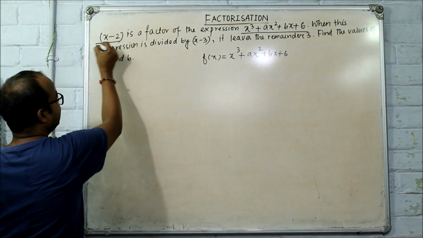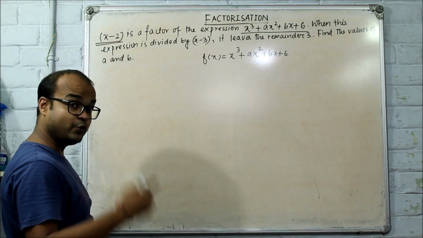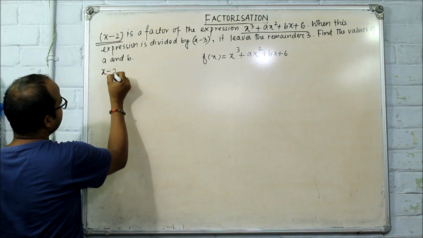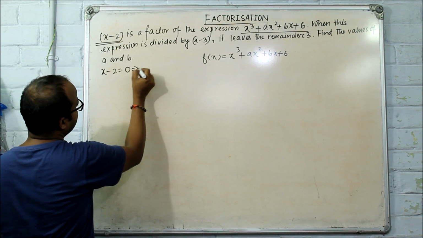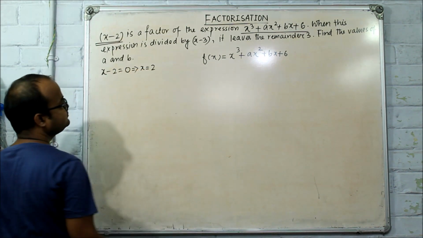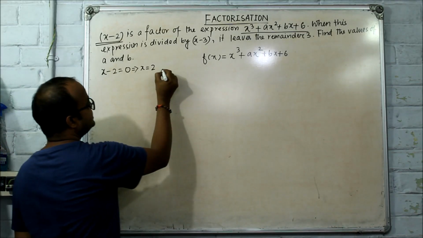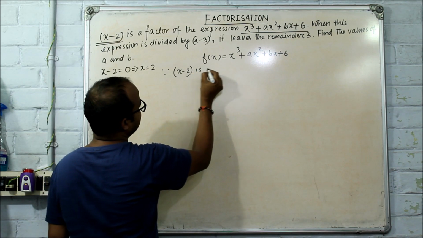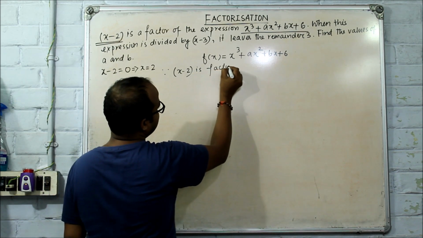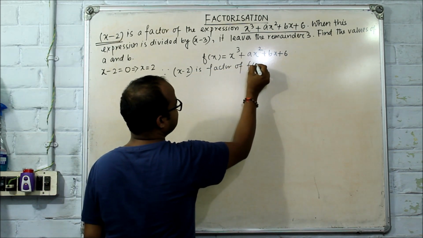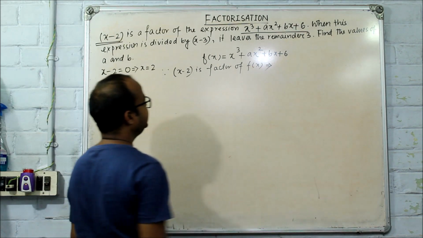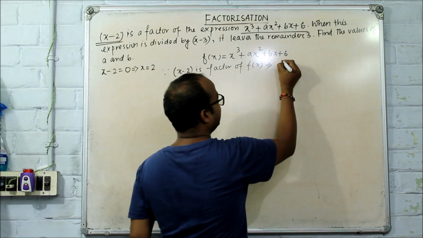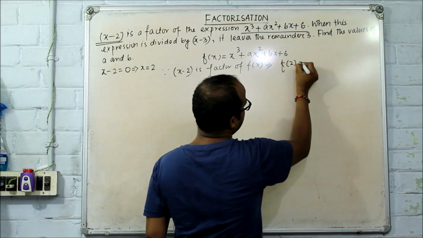X minus 2 is a factor, so we equate x minus 2 is equal to 0. So we will get x is equal to 2. So we write, since x minus 2 is a factor of f(x), what does it mean? It means f of 2 will be equal to 0.